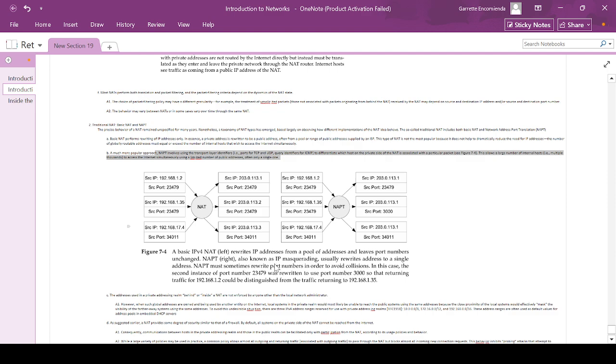NAPT, right, also known as IP masquerading, usually rewrites address to a single address. NAPT must sometimes rewrite port numbers in order to avoid collisions. So instead of just rewriting the IP address, it also rewrites the port sometimes to avoid collision. So this is one of the characteristics of the NAT that we are going to discuss. Of course, there's more nuance on this depending on different applications, but these are the basics.